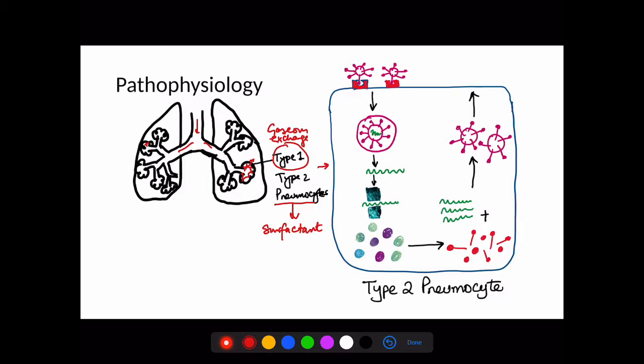Now here, if you look at the shape of this cell, it has got different types of receptors on the cell membrane, and one of these receptors is known as the ACE2 receptor. This ACE stands for angiotensin converting enzyme 2 receptor.